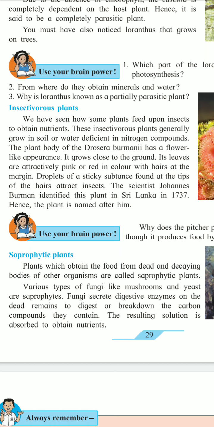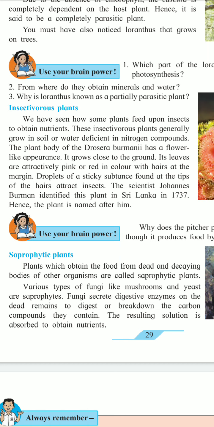Saprophytic plants: plants which obtain food from dead and decaying bodies of organisms are called saprophytic plants. Plants that grow on the nutrients obtained from the dead bodies of other organisms are called saprophytic plants.